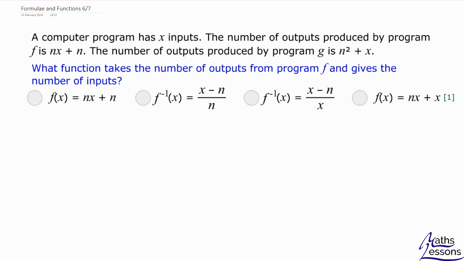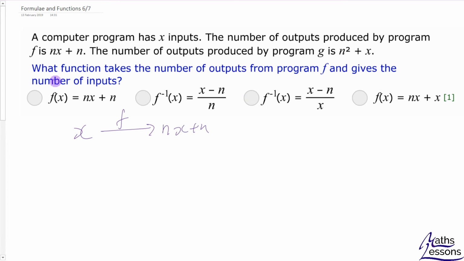Now, in case you hadn't realised, when you've got functions, you're taking inputs and the function creates the output. So you put a value of x in, and then f is what you get out. Let's just write that out in a different way. The function is what you do to x to get the output from x, which in this case is nx plus n.